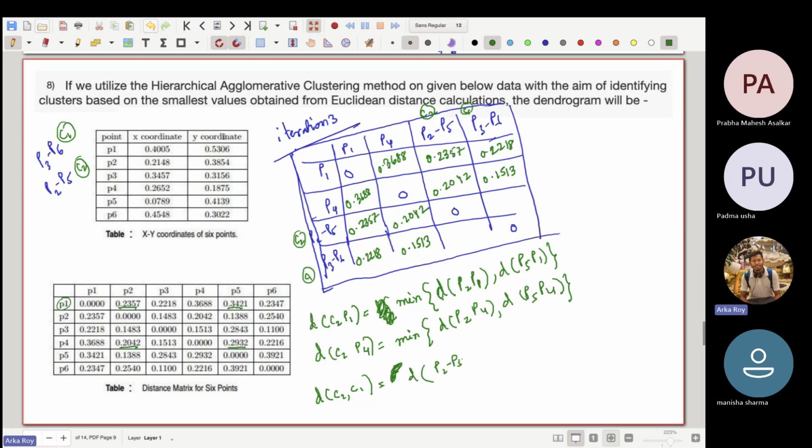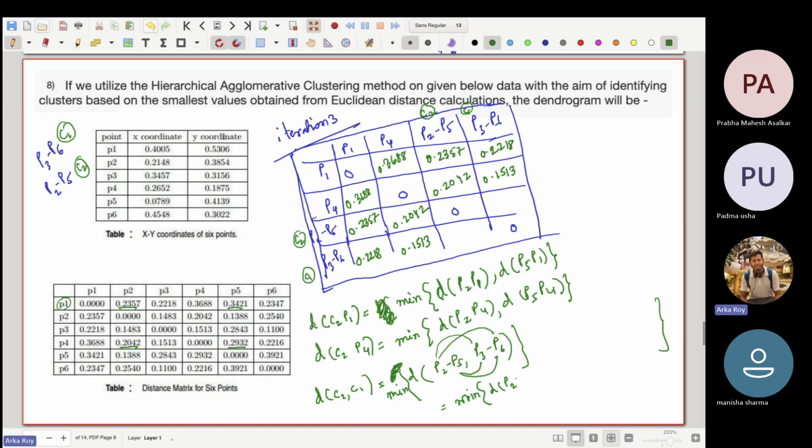P2 P5, and C1 means what? P3 P6, right? Minimum of this thing. So that means now you have to calculate distance between this to this, and this to this. So you'll have 4 cases. And out of all these 4 cases, you have to see whichever is yielding the lowest value.